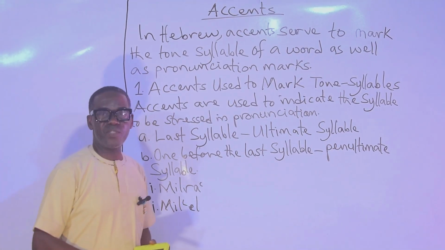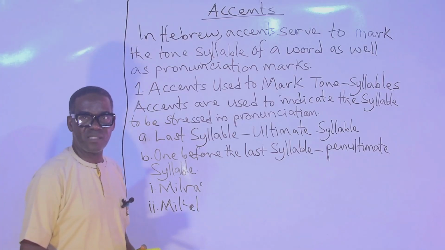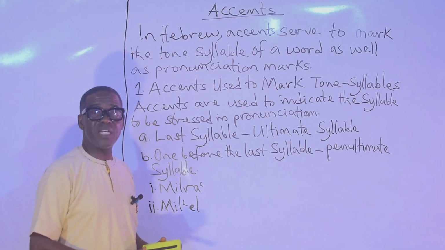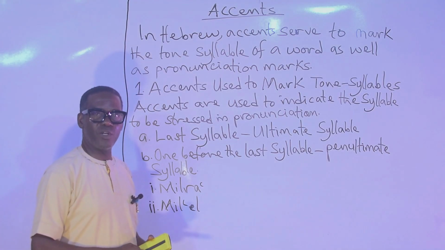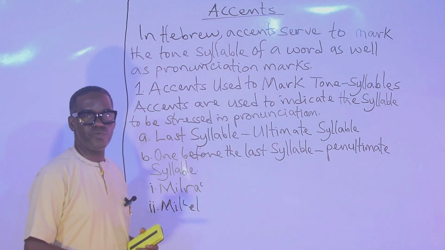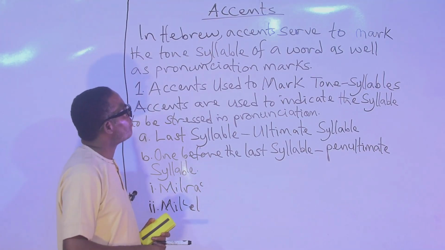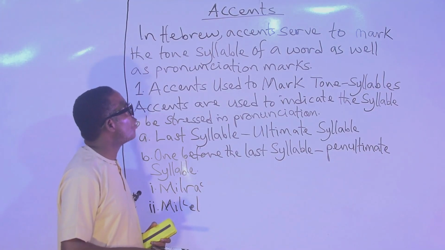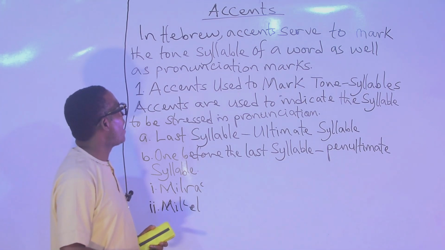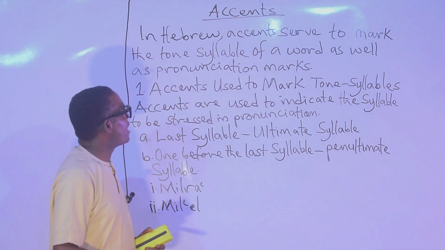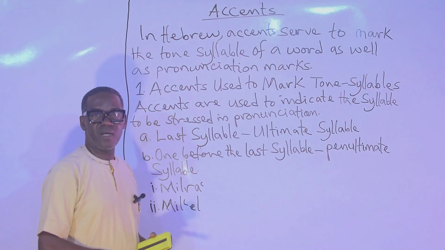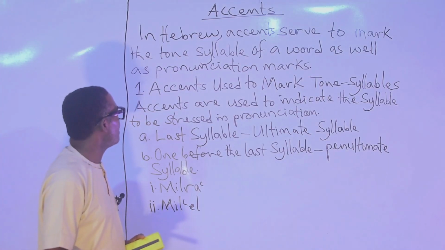They are as well used as pronunciation marks as well as music notation. But here we are going to consider just two: the ones that mark the tone syllable of a word and the ones that are used for pronunciation marks.